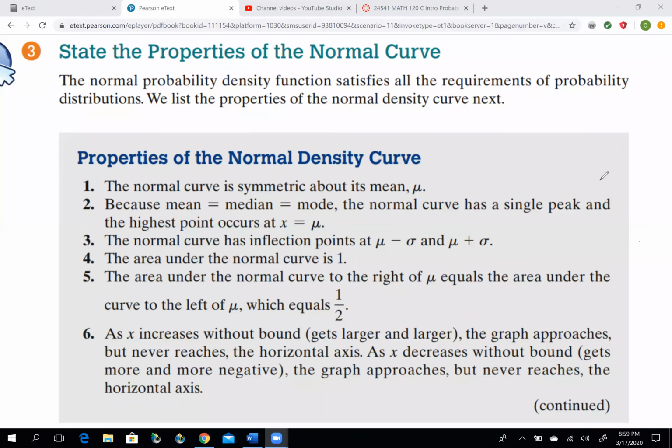You see that the highest point happens in the middle.